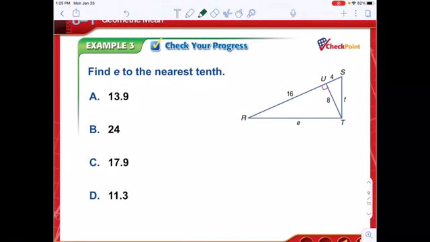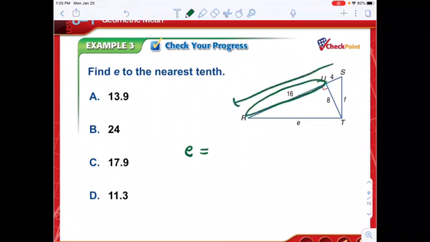So find E to the nearest hundredth. We're going to use geometric mean leg theorem. So we have E equals the square root of its own piece times the whole thing, 16 times 20.